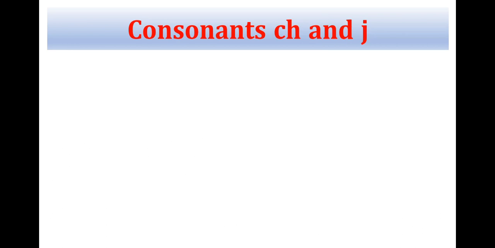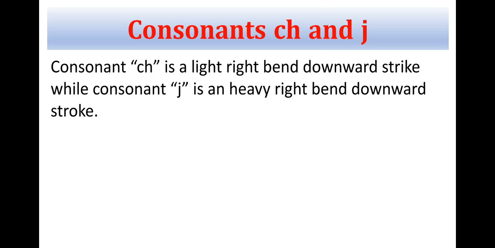The last pair is consonant Ch and J. Consonant Ch is a light right-bend downward stroke, while consonant J is a heavy right-bend downward stroke, which means that instead of consonant P that is bent to the left, consonant Ch bends to the right.